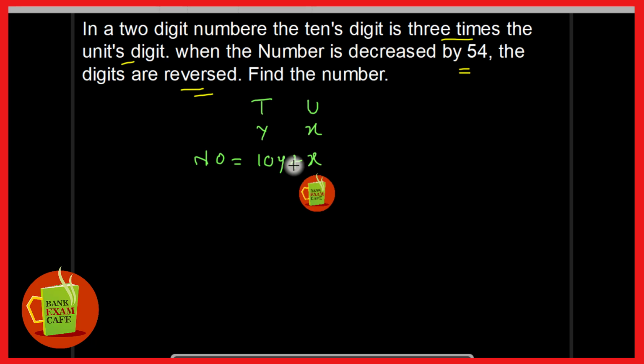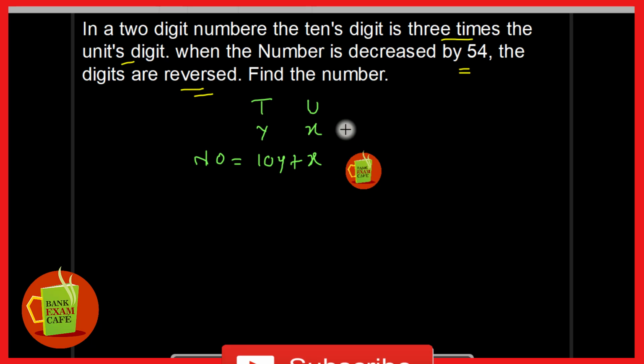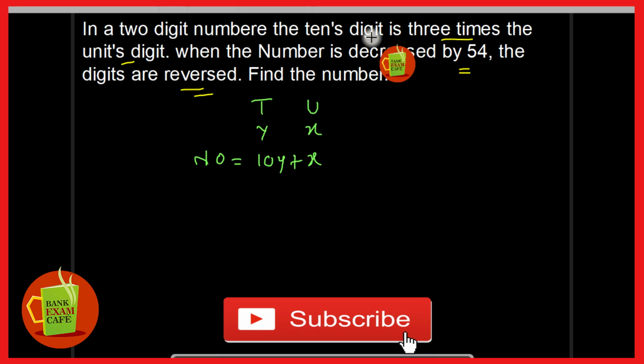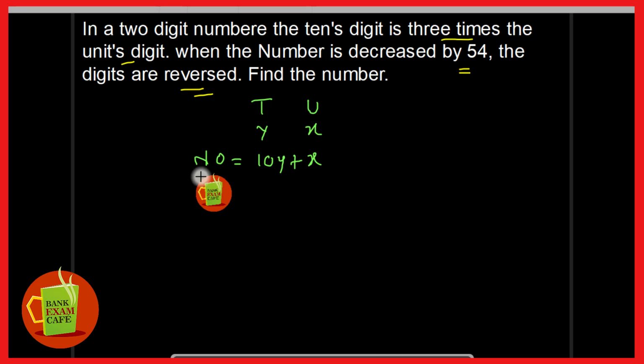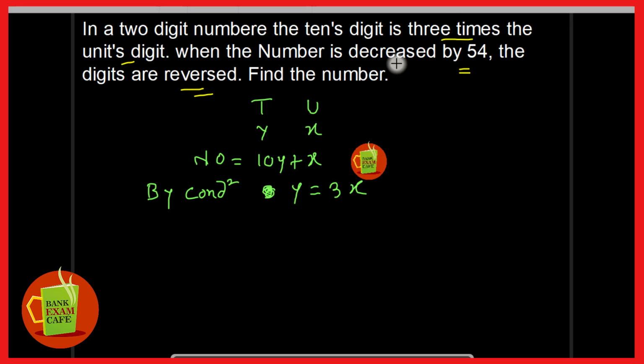So here the number will be 10y plus x, but it is given that the tens place digit is 3 times the unit place digit, and therefore by condition in the question, y will be equal to 3x, correct?